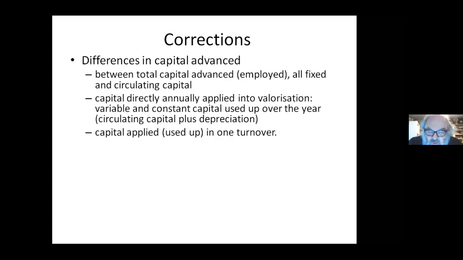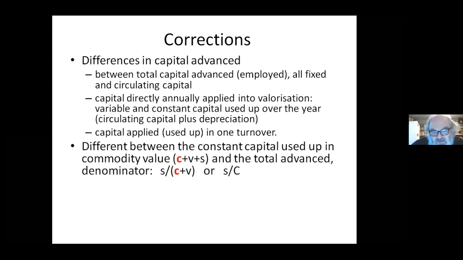So the more turnover there is in a year, the less circulating capital needs to be advanced, because it keeps coming back and it returns and is thrown back into the process. And this amount that's thrown into the process Marx calls the capital applied, which is the amount of capital actually used up in one turnover. So you have three different categories of amounts of capital.